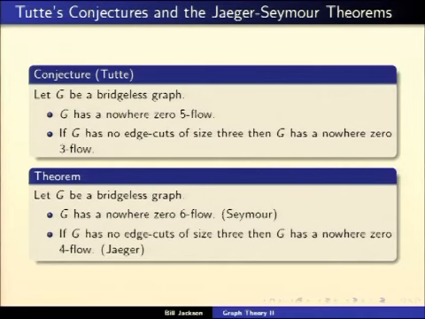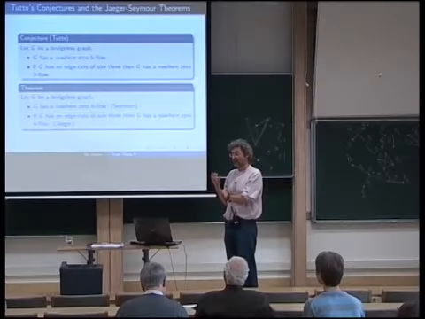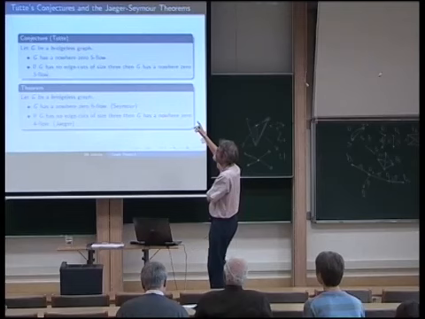And the second conjecture is also inspired by a planar result. There's a planar result of Grötzsch, that if you have a planar graph which has no cycles of length 3, then it is 3 vertex colorable. And this is the dual statement.